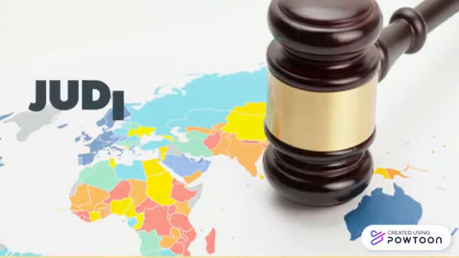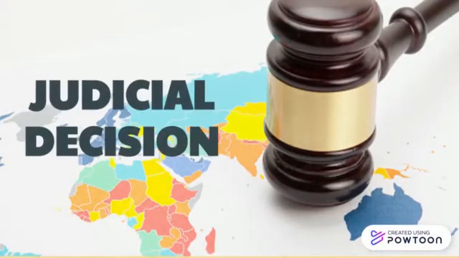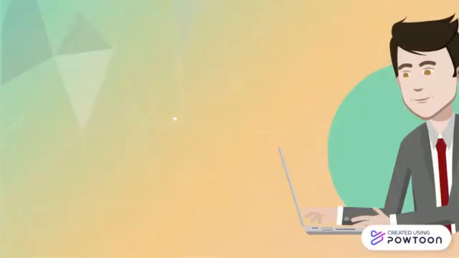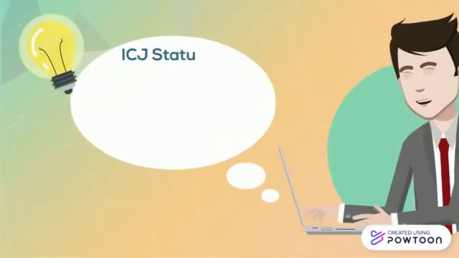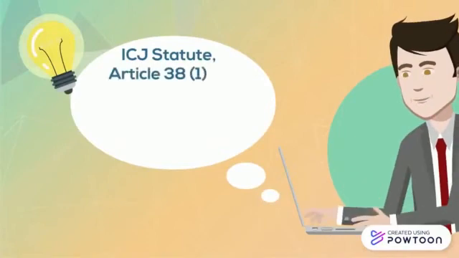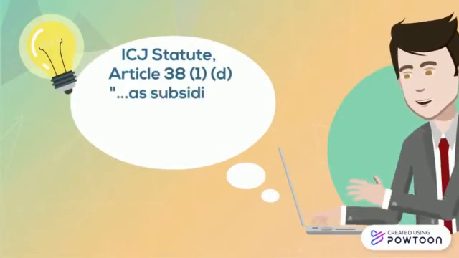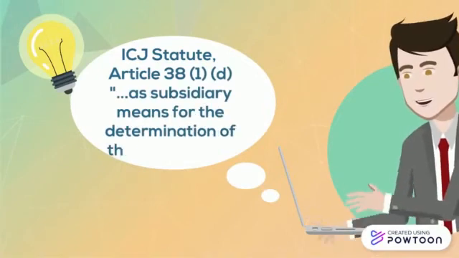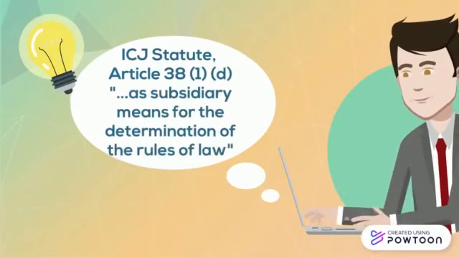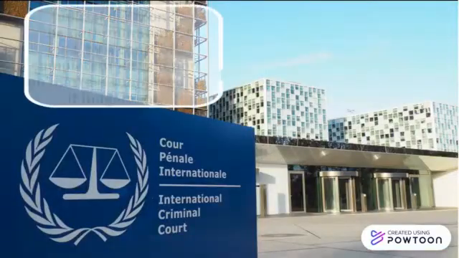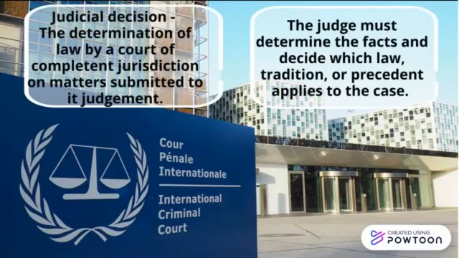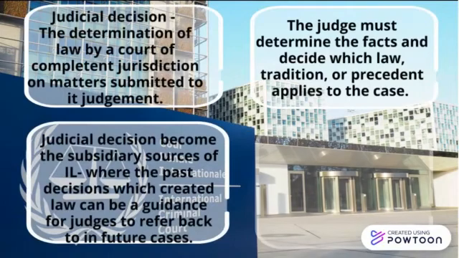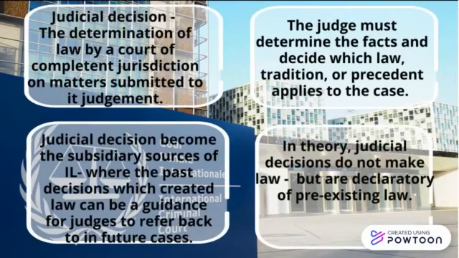Other than general principles of law, judicial decision was also considered as a source of law. Under Article 38 of the International Court of Justice Statute, it states that judicial decisions are a subsidiary means for the determination of the rules of law. Judicial decision is the determination of law by a court of competent jurisdiction on matters submitted to its judgment.